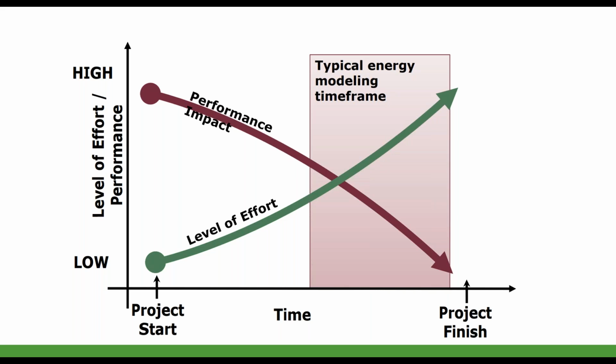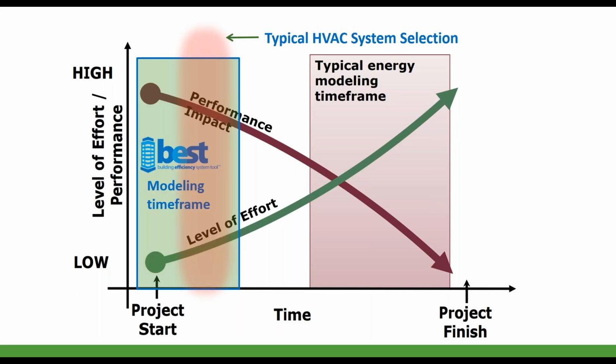However, where a lot of the typical energy modeling and budgeting tools lie today, your Trane TRACE, your eQuest, your EnergyPlus, that side of it, is further down in the project. And usually the HVAC system is already chosen by that point. It's chosen before a lot of that hardcore energy modeling is done.